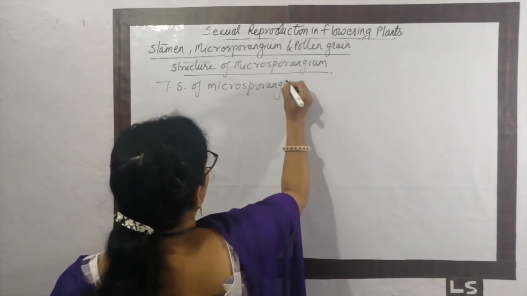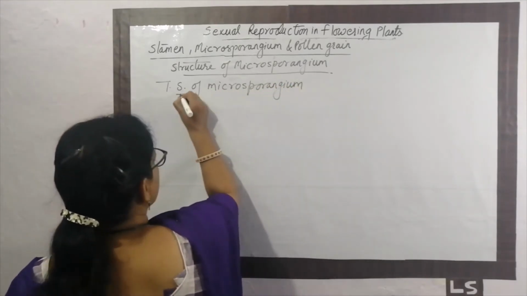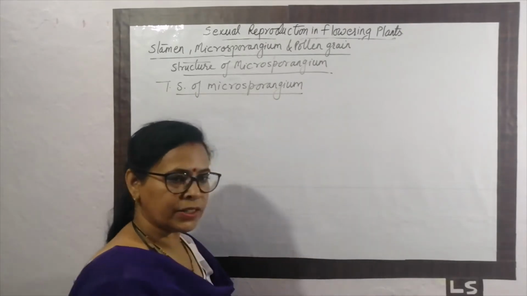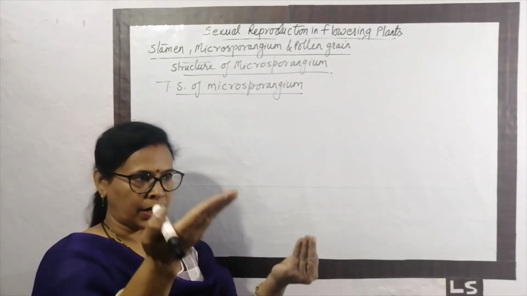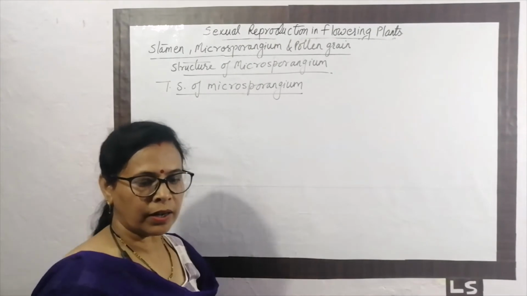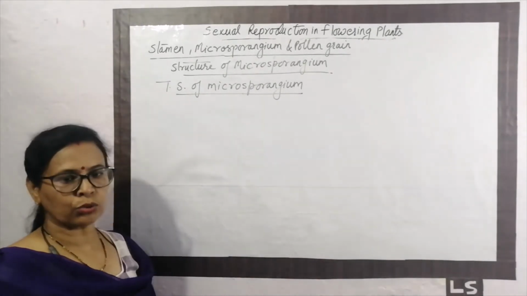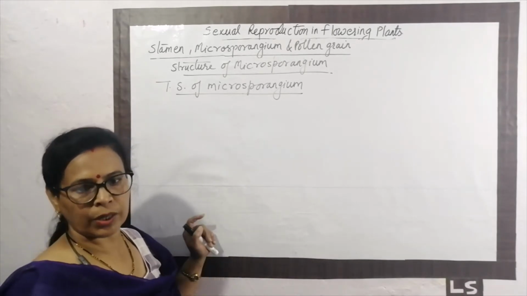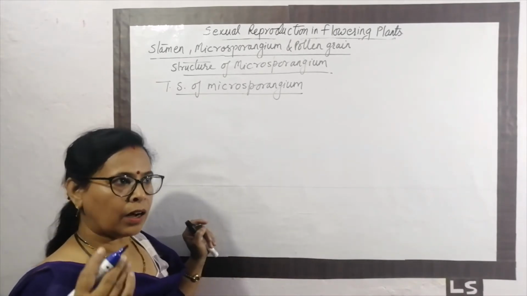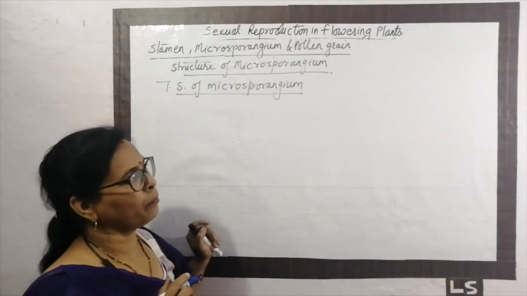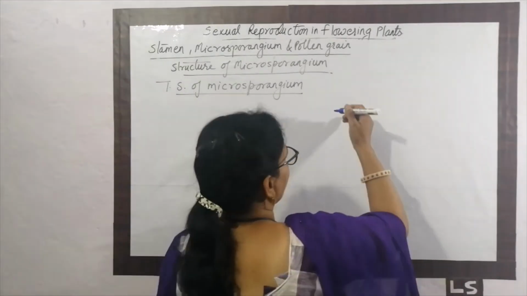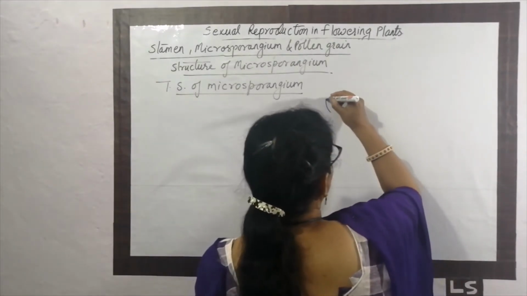Transverse section, if we cut the anther like this, is called the transverse section. Then in the transverse section of the microsporangium, we see the outer to inner structure of the microsporangium. We know very well it is bilobed in nature.